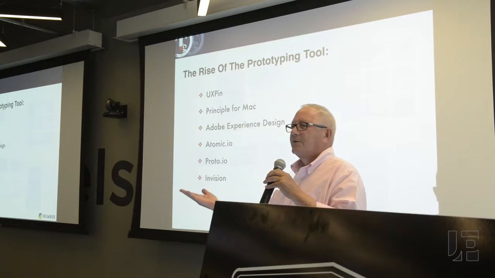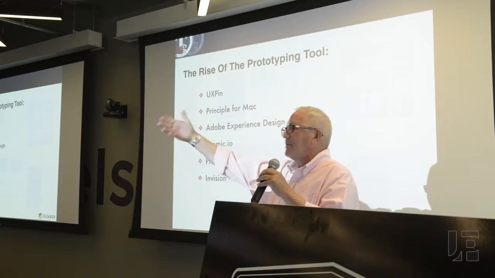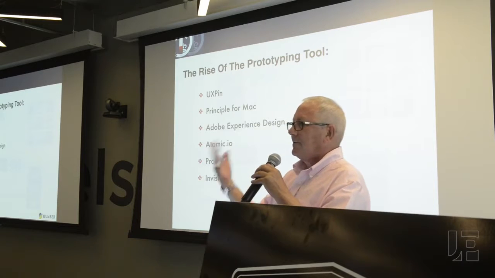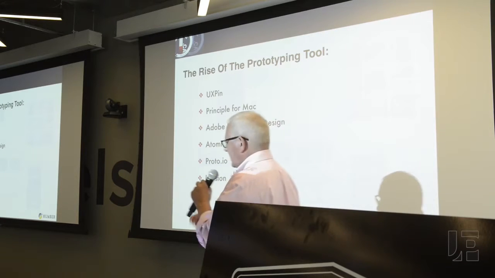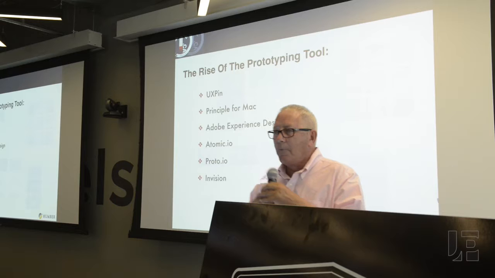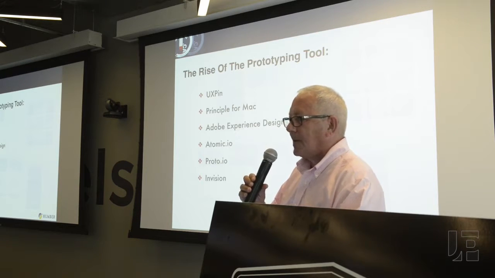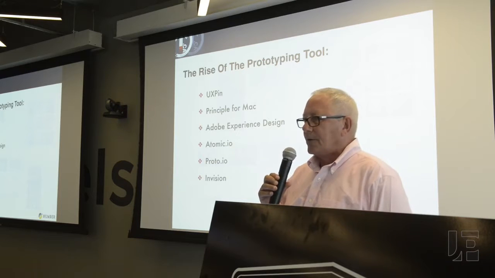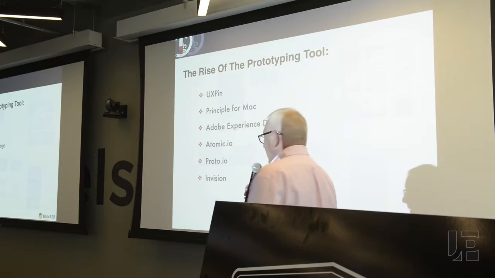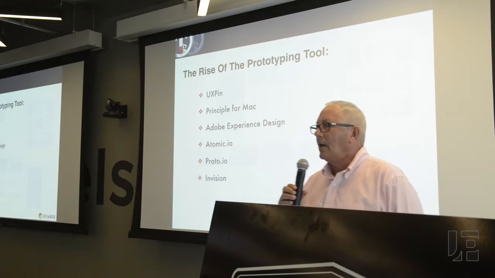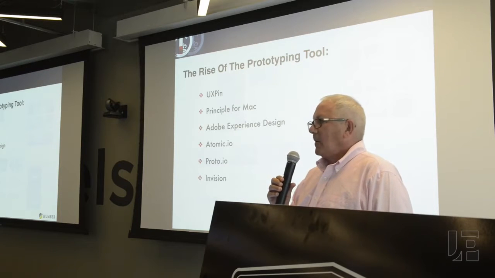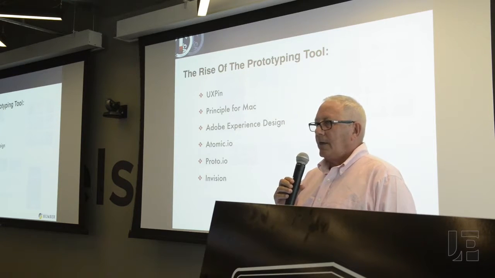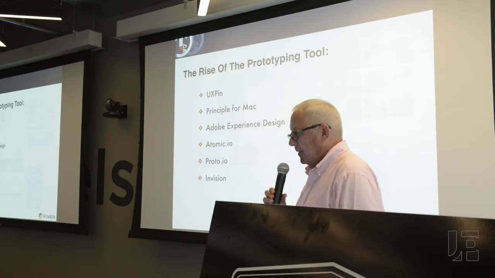So these tools are really kind of weird. UXPin, it's in browser. Okay, it's got plugins for Photoshop, it's got plugins for Sketch, so those of you that have graphic artists that work with Sketch, it's got the plugins for that. Principal for Mac, Mac only, standalone software, you gotta buy it, install it. Adobe Experience Design, for those of you that are looking for a freebie, that would be a good one. If you've got an Adobe Creative Cloud account, it's already there. If not, you can just go grab it, download it, and give it a try.